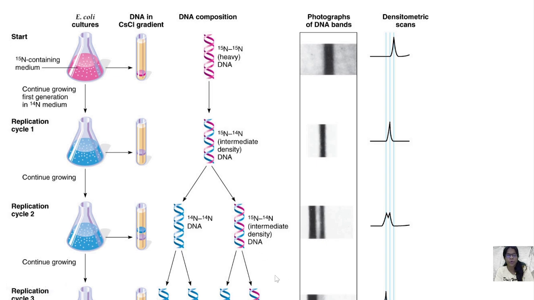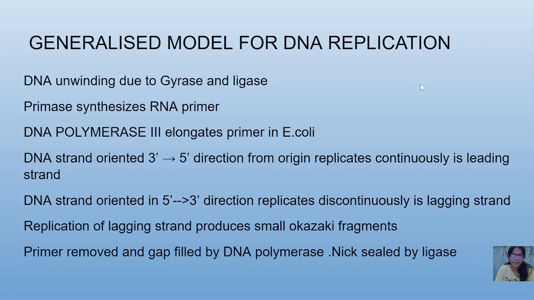Out of four, only one progeny finally has the N15 strand. So based on the bands they got through centrifugation, they came to know that the DNA is distributed equally from parents to both the daughter cells. This is what you call the semi-conservative mode of replication.